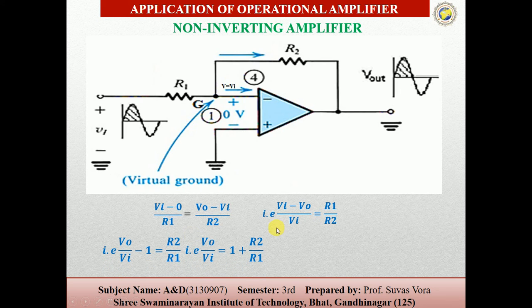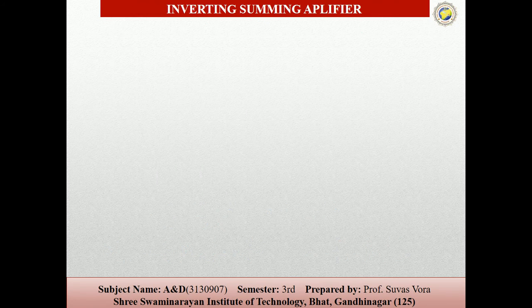So V0 upon Vi minus 1, if I separate Vi, then V0 upon Vi minus, and here R, I made it minus, so R2 by R1, so that V0 upon Vi equal to 1 plus R2 upon R1. So these are the non-inverting amplifier equations.